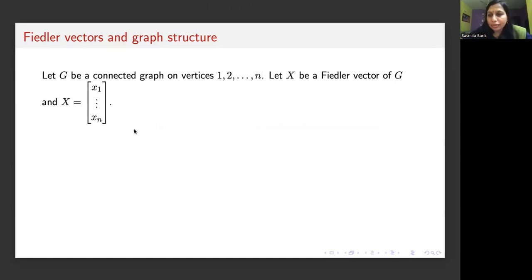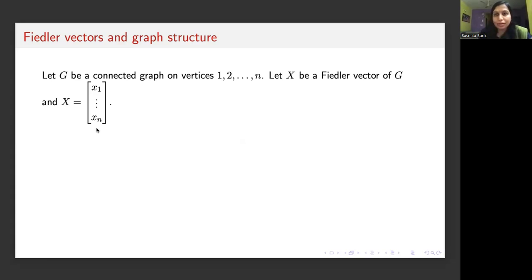We already know that 0 is an eigenvalue of the Laplacian matrix, and its corresponding eigenvector is the all ones vector. So I can choose my other eigenvectors orthogonal to the all ones vector. A Fiedler vector is orthogonal to the all ones vector, so the summation of xi is 0.